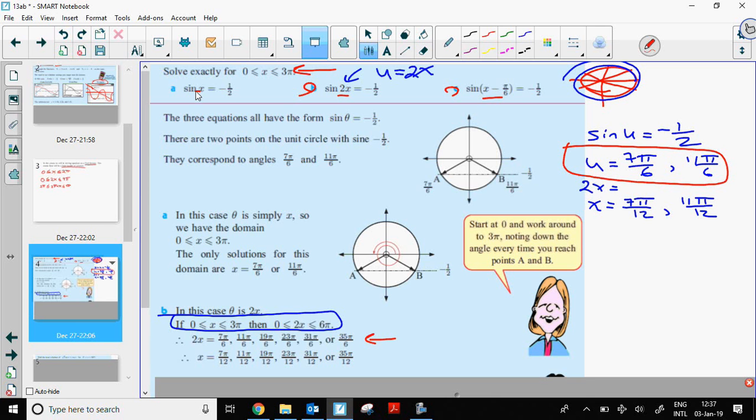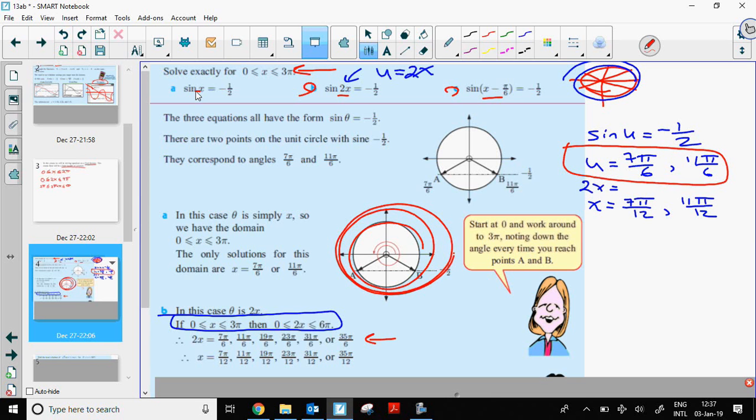We've got the first two, 7 pi over 6 and 11 pi over 6, and we just keep on going around the unit circle more times. We're going to go around it 3 times in this case, to get to 6 pi. So on each rotation, we should be hitting 2 solutions in the third and fourth quadrants, for a grand total of 6. So there they are.